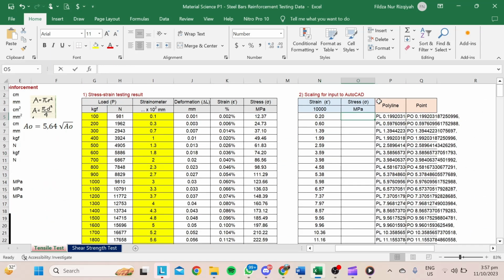For the stress, you don't have to adjust the scale because the nominal of stress is already big enough to be seen. Click the stress and click enter, and then it automatically updates the whole column.